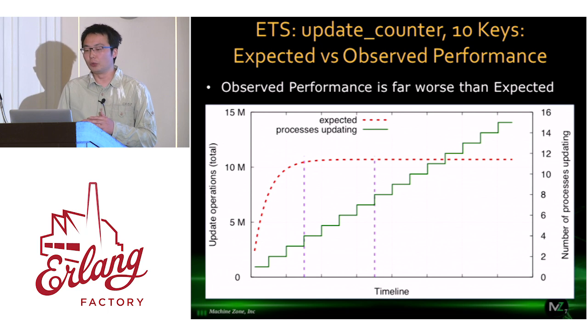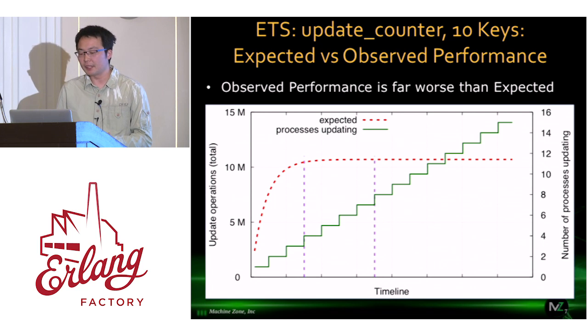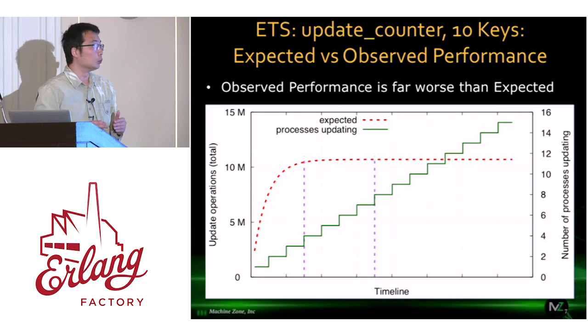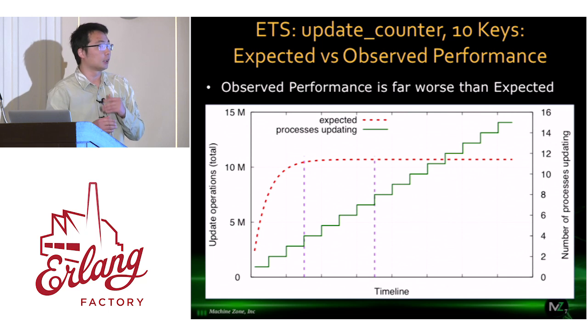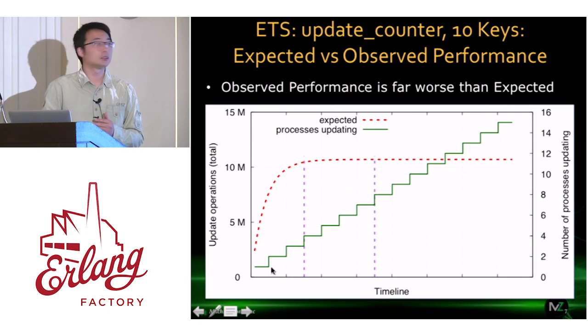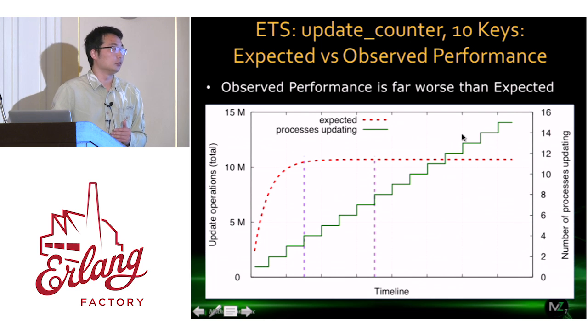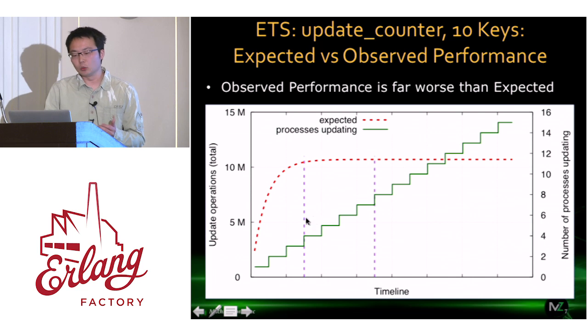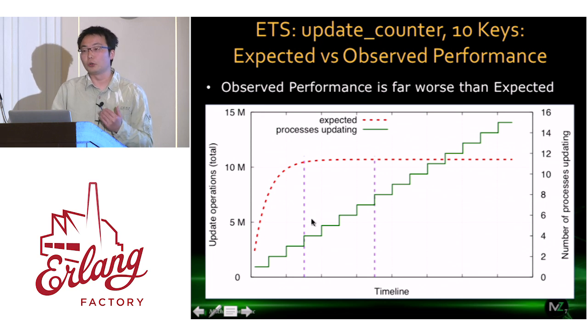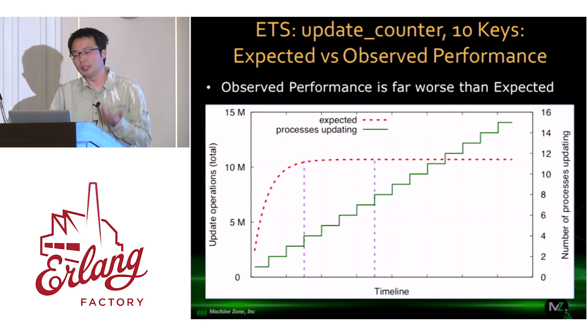For example, we set up an experiment here. We want to update the count of certain keys, and we increase the number of processes from 1 to 16, and note that there are two critical lines here. This line is the number of physical cores in the machine being experimented on.